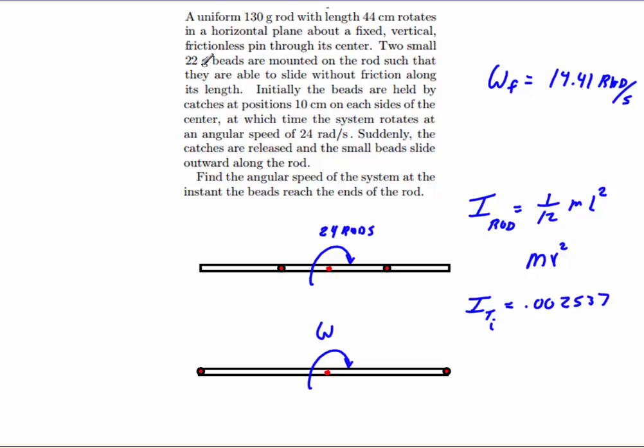I don't quite understand how you got the total moment of inertia initially. How you add an mr squared? Okay. How exactly did you add that? So you treat these as point masses. Yeah. Okay, so they're going to do 22 divided by 1,000, times 0.10 squared.